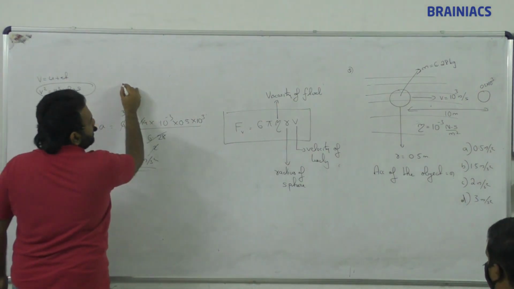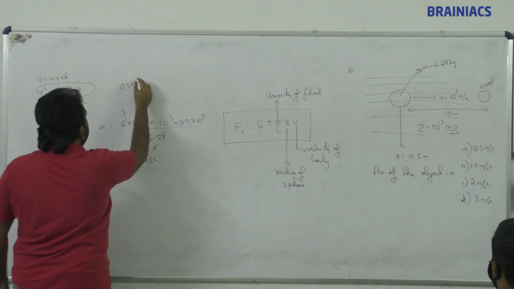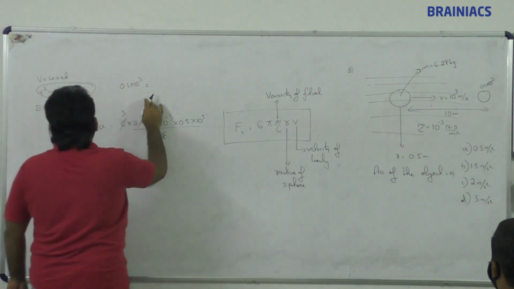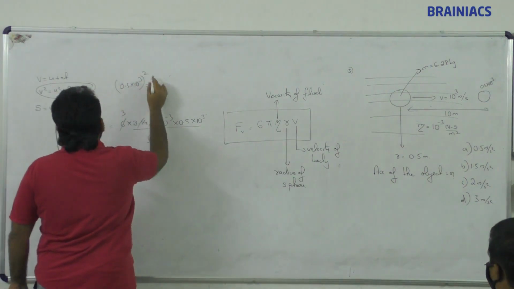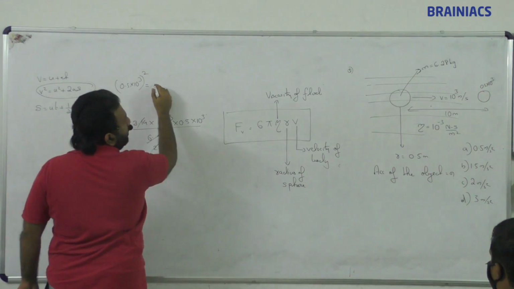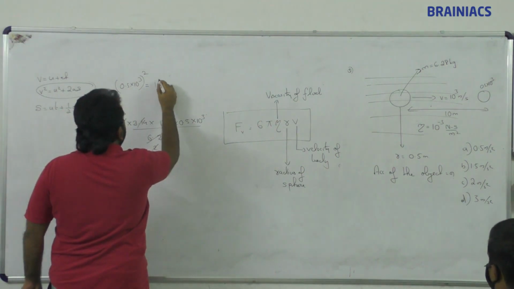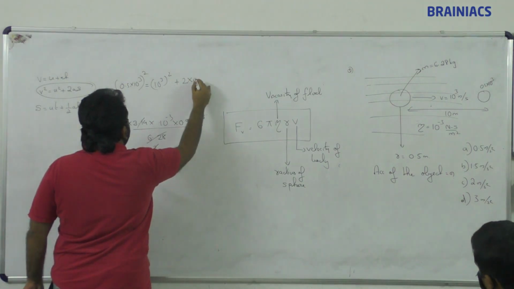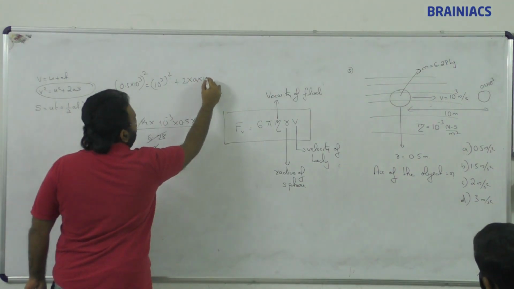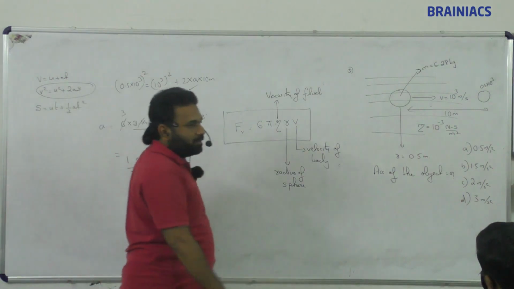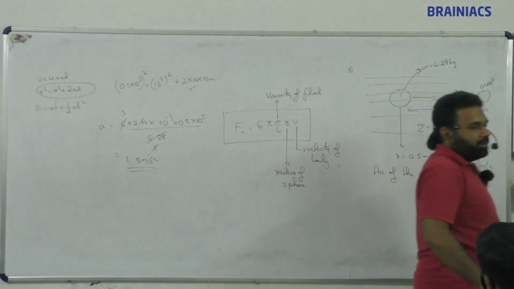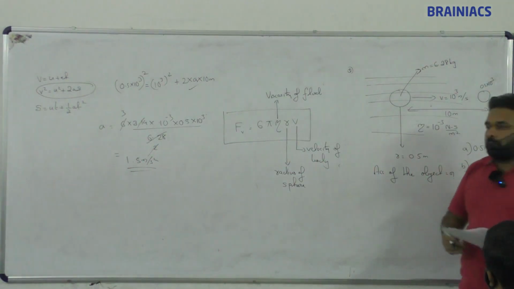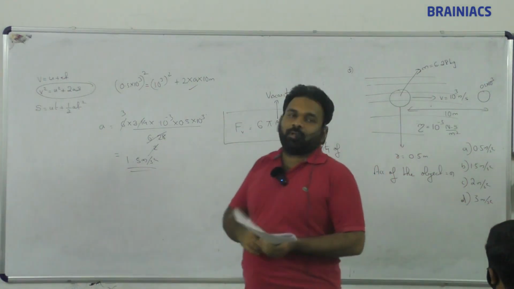Suppose, see, 0.5 into 10 raised to 3, this square is equal to 10 raised to 3 the whole square plus 2 into a into 10 meter. Only one unknown is a. Is it possible to find it?